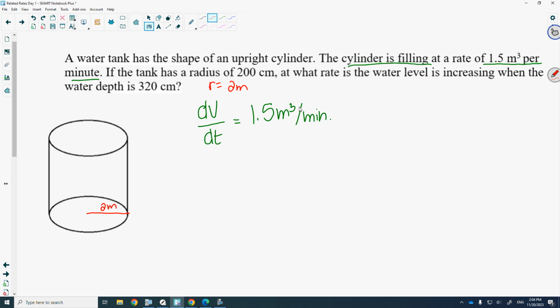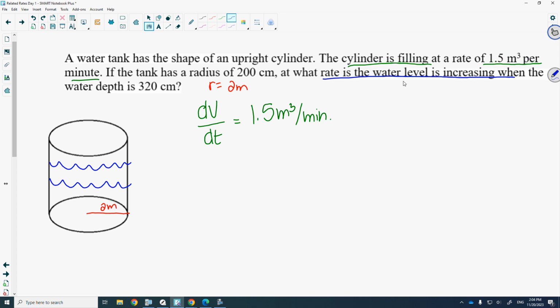At what rate is the water level increasing? Do you know what they're actually asking for? D what over d what? What's happening is the water level is going up, like it's increasing. So what would that be? dh.